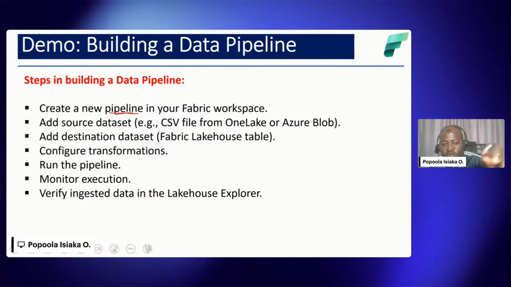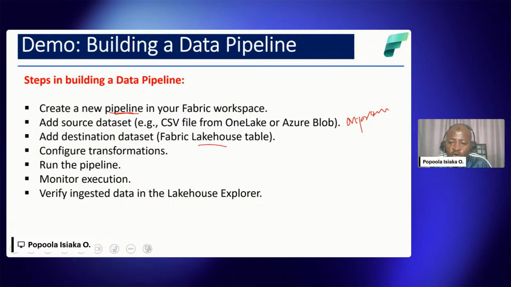So in our demo, we'll be moving a data set from on-prem. On-prem means that we have a solution on our laptop. We'll be moving our data from our on-prem into Fabric, making use of a data pipeline. And then it will finally go to a data destination, which is a Fabric Lakehouse table.